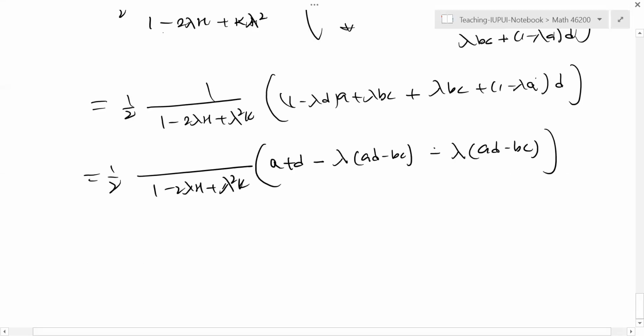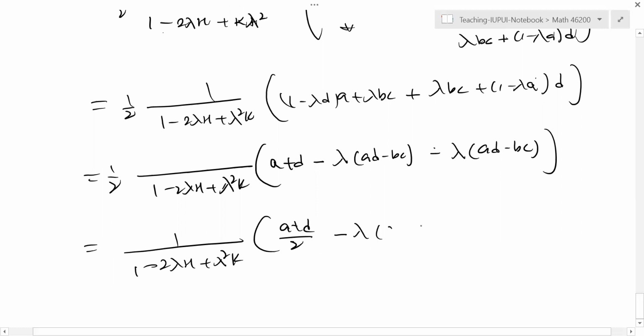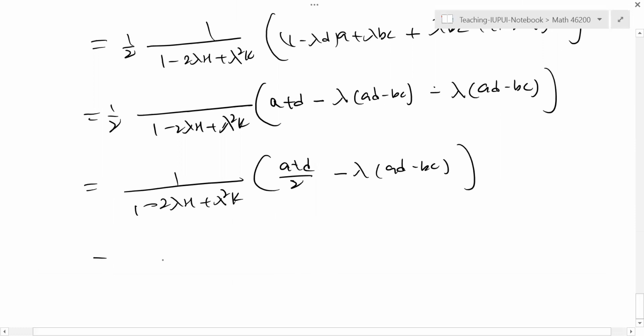Okay, so I have twice of that. That's why I take a 2 out. And then I get half of A plus D minus lambda (AD minus BC). But this is nothing but H, and here's nothing but lambda K.